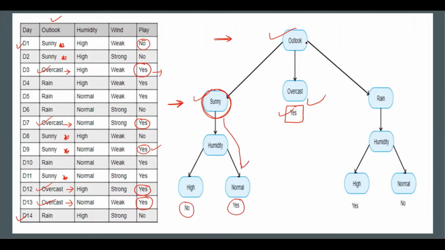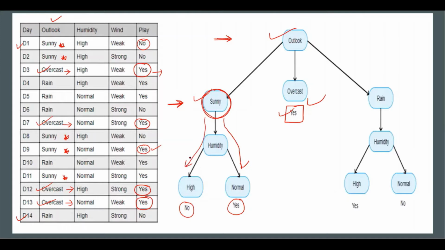If you come this way, the outlook is sunny, and then humidity is normal, then they will go and play. Now the children will see this weather, it's sunny, and if there is high humidity, they will not play. So these are 2 more branches.